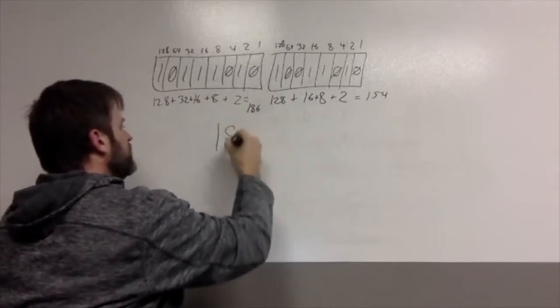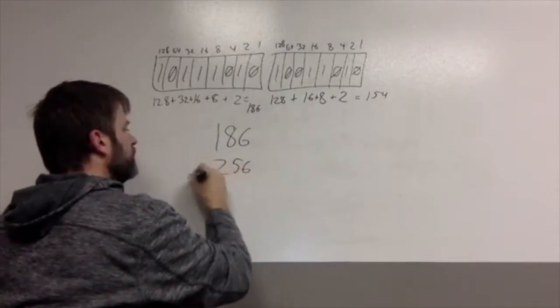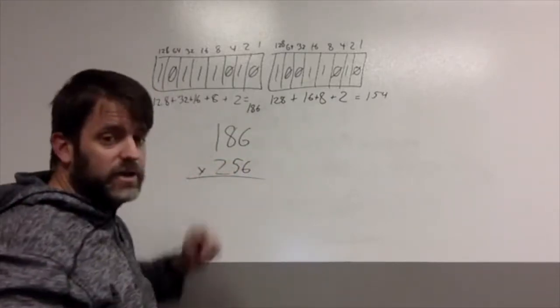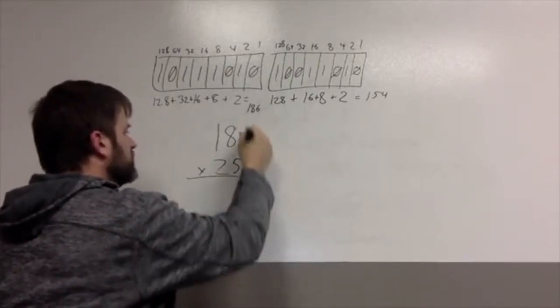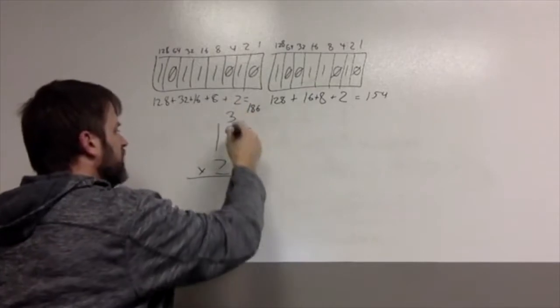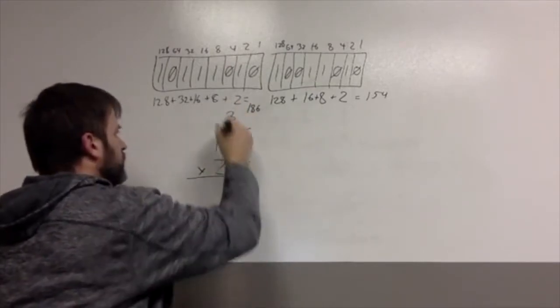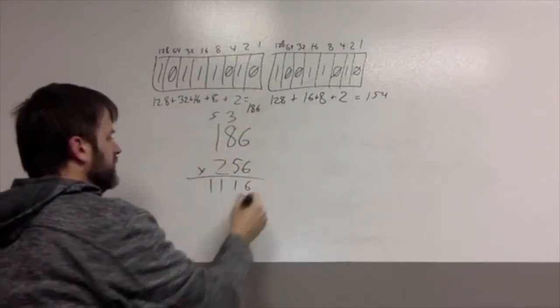All right, now obviously you can use a calculator to do that. But just to prove that you can do it without a calculator, it's not that difficult. I'm actually just going to go ahead and do it longhand on the board here. Okay, so 6 times 6 is 36. 6 times 8 is 48, plus 3 is 51. 6 times 1 plus 5 is 11.